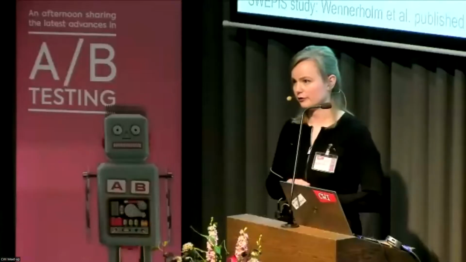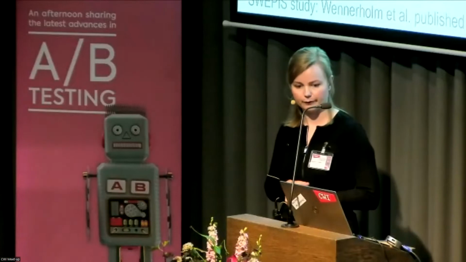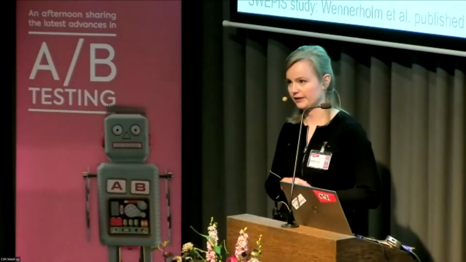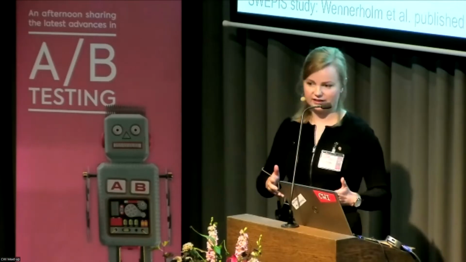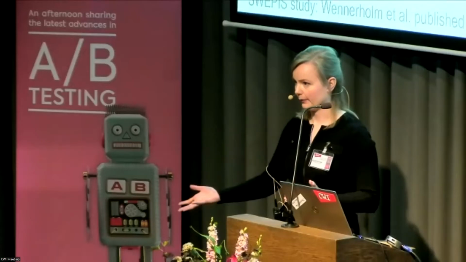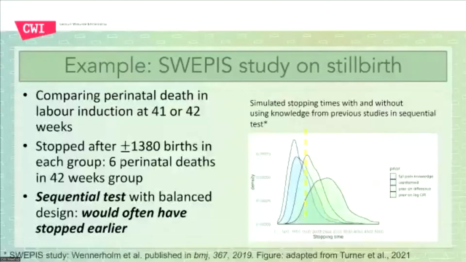This happened after observing about 1,380 births in each group. And this was before they reached the point at which they had said, before they started the study, that they would stop and analyze, because then they would calculate their p-value and have the power that they want. But anyway, they decided to stop, and they reported the p-value anyway.